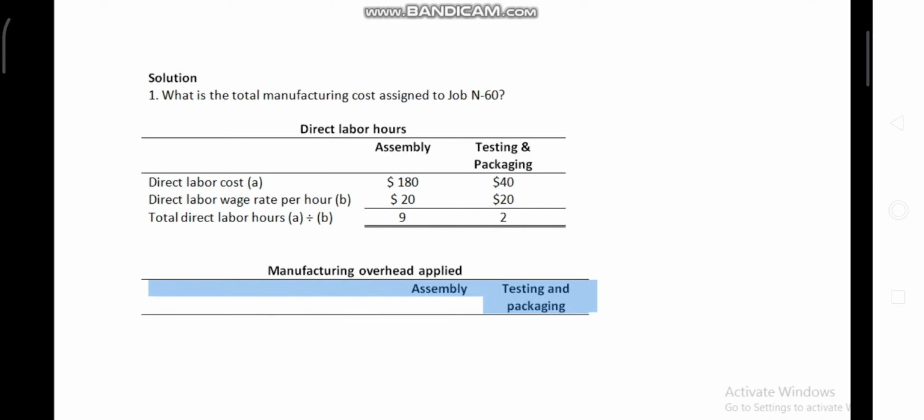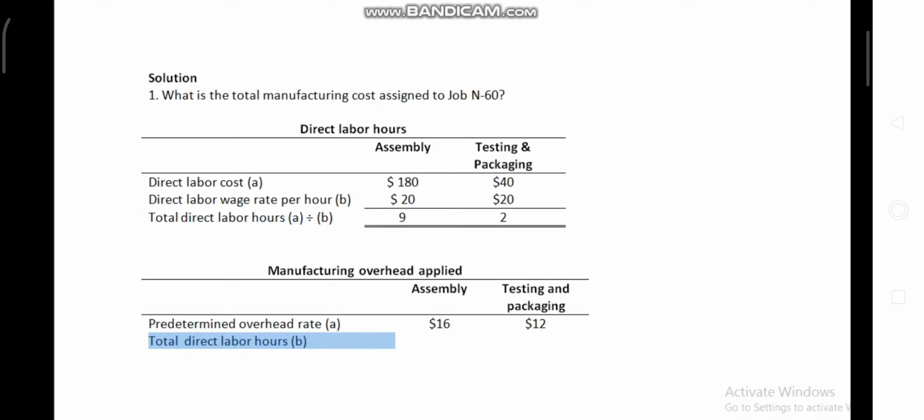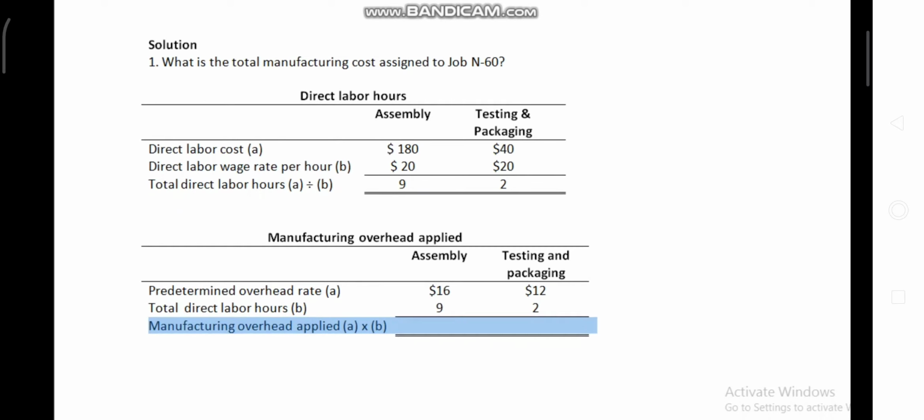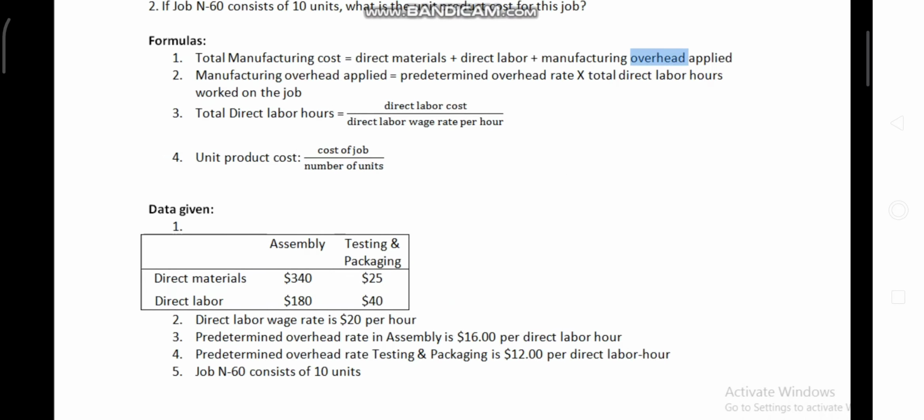Manufacturing overhead applied: predetermined overhead rate $16 for assembly and $12 for testing and packaging. Direct labor hours, that is 9 for assembly and 2 hours for testing and packaging. We multiply these two to get manufacturing overhead applied, $144 for assembly department and $24 for testing and packaging department. Now let's move to the next step. We do have our manufacturing overhead applied now.